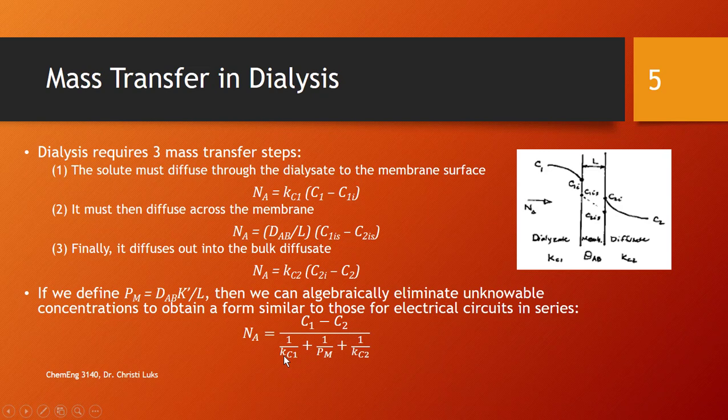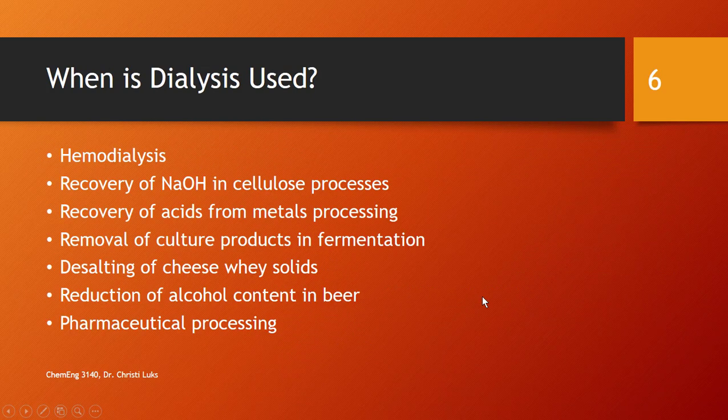These resistances are the 1 over Kc pieces, and 1 over P sub M, which is a grouping of diffusivity times K, the distribution coefficient, over L, the thickness of our membrane.